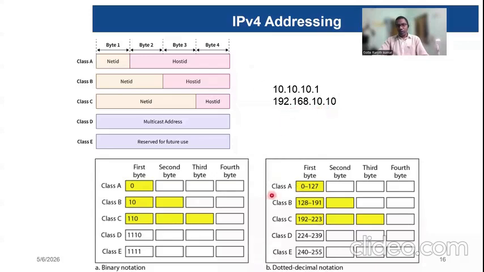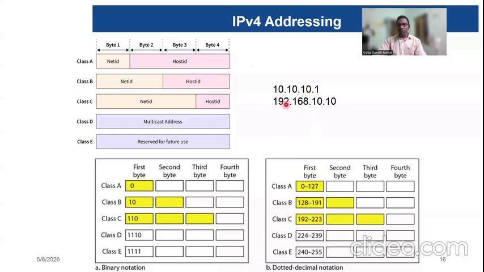Here 192 lies in the range 192 to 223, so this address belongs to class C. Like that, whenever an IP address is written, based on the first byte, we check which range it lies in. If it is in 0 to 127, class A; 128 to 191, class B; 192 to 223, class C; likewise.